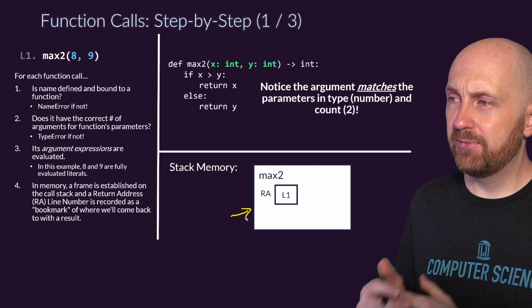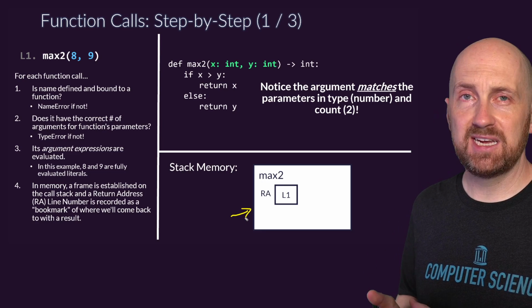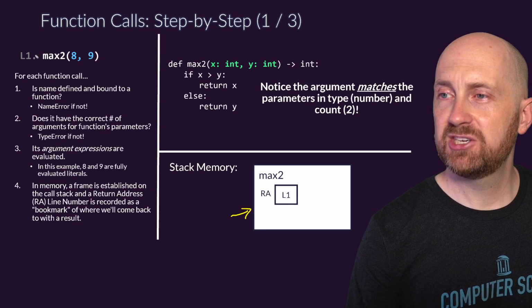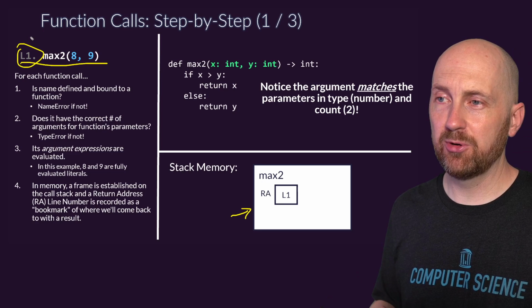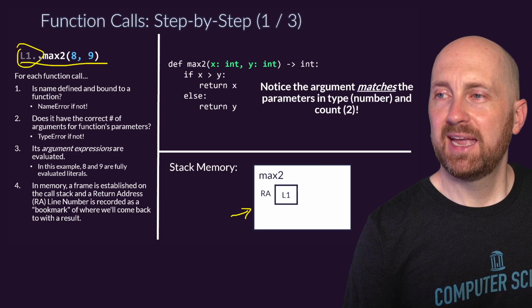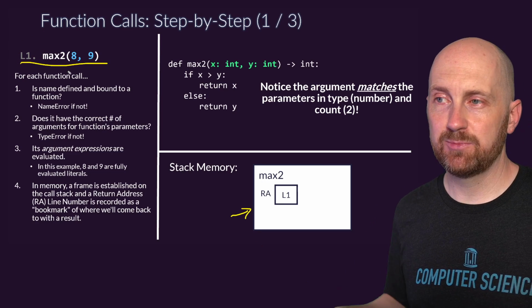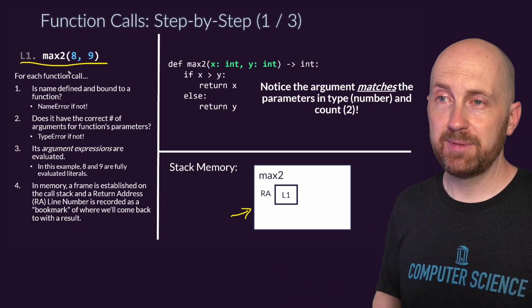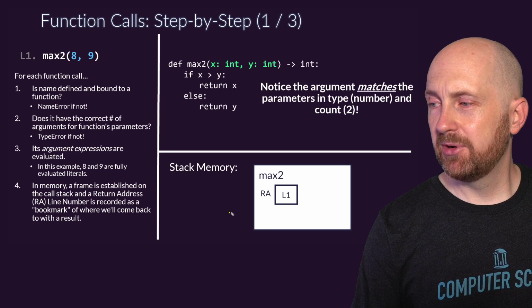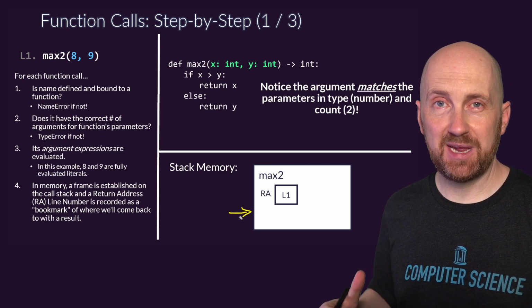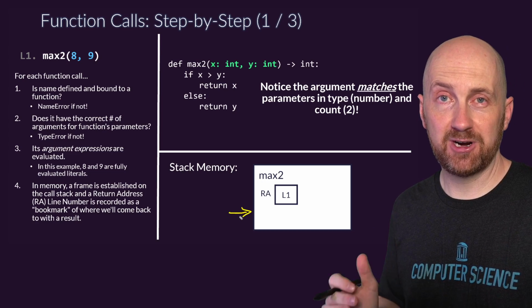So before we even get into this, what we're going to say is, when we make a function call, imagine that we are at some line, and I'm specifying the line number in our program file, line 1 here, and we make a call in that line somewhere to max2 with the arguments 8 and 9. Well, one of the first steps that we'll see in setting up a memory diagram is we're going to set up some space for that function call's variables to live.